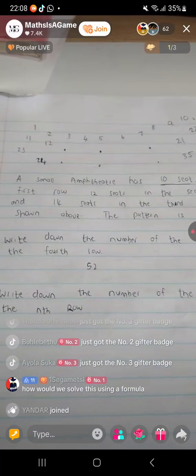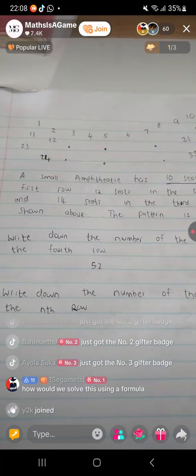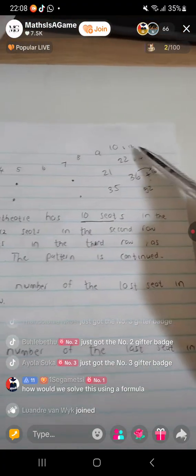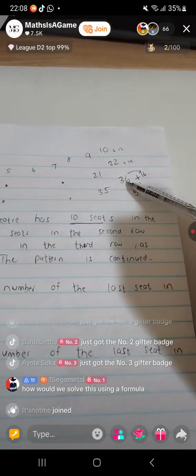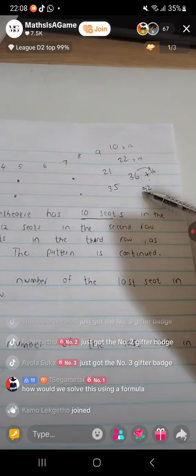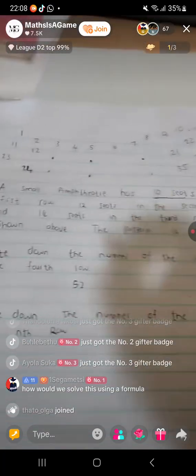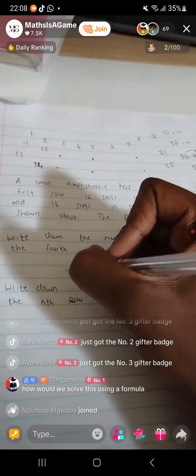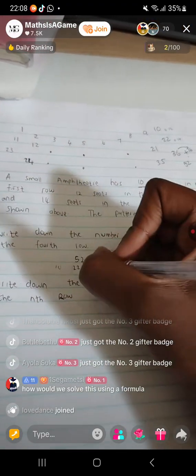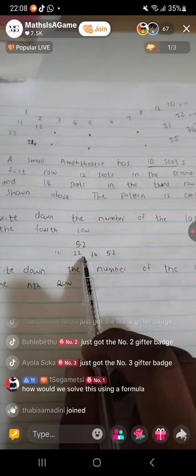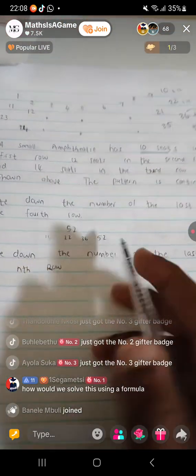Because if you guys think about it, this sequence 10, 22, 36, 52, if you actually look at it closely, is forming what we call a quadratic sequence. 10, 22, 36, 52.